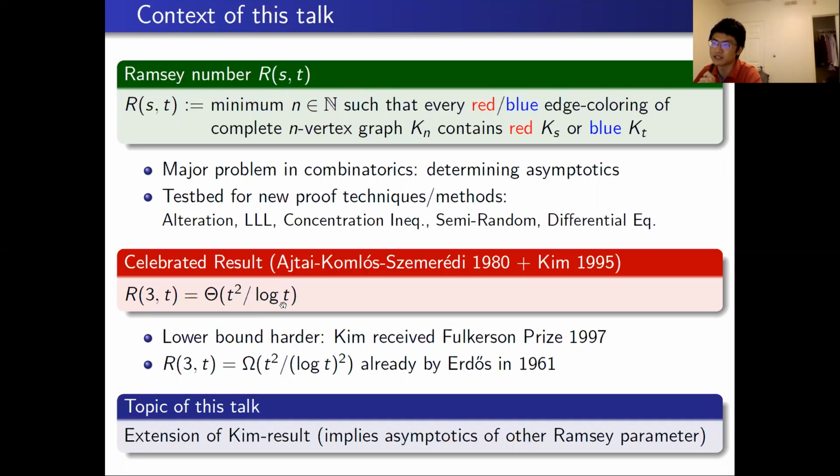The upper bound is due to Ajtai, Komlós, and Szemerédi in 1980, while the lower bound is due to Kim in 1995. Nowadays, we have a better understanding of this Ramsey number up to a constant factor, thanks to work by Shearer, as well as Bohman–Keevash, and Fiz Pontiveros, Griffiths, Morris. But today, we focus on the order of magnitude only.